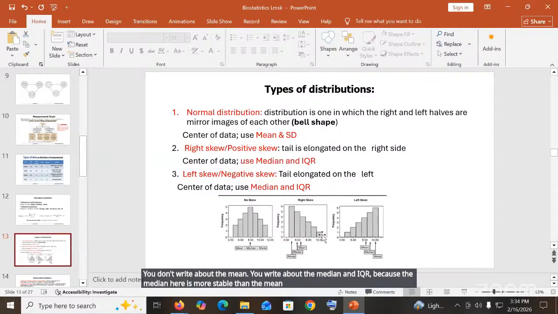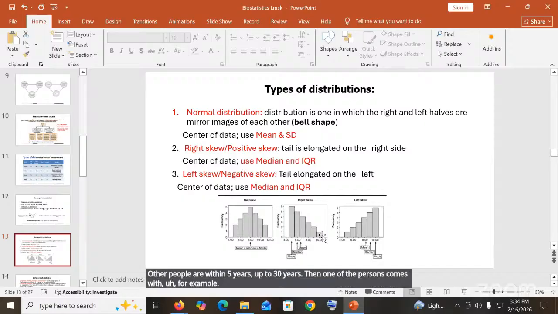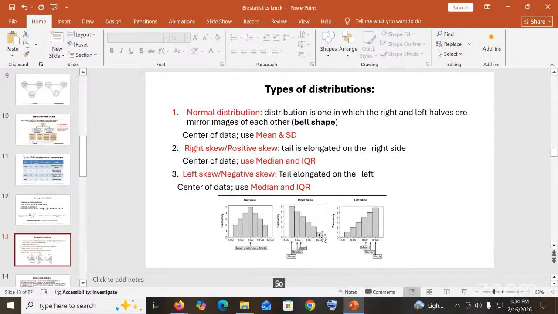The mean will not give a good description because, for example, you have been taking data of age, and one person is 5 years, other people are within 5 up to 30 years. Then one of the persons comes with, for example, 100 years. So you see, most people are lying between 5 and 20, but somebody has come extremely to the other side.